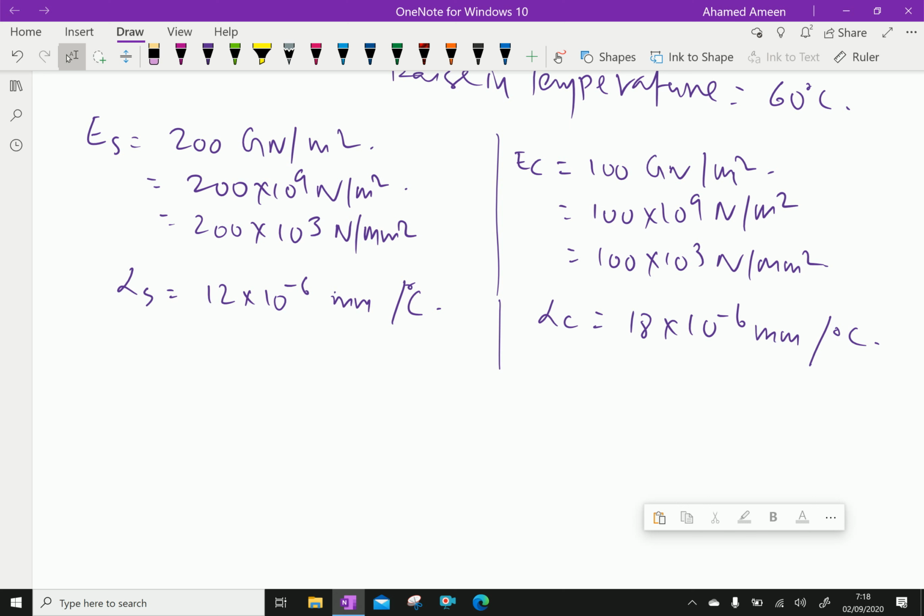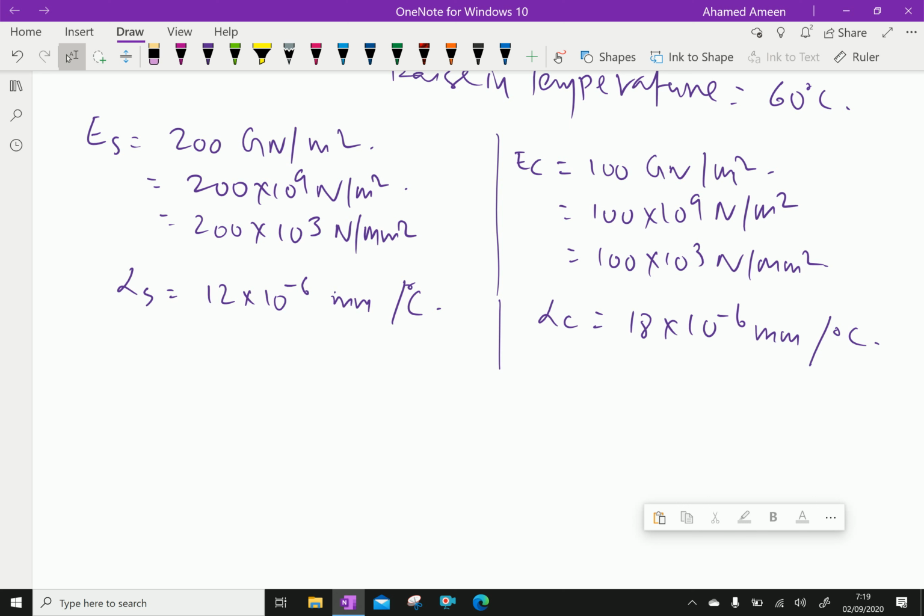The free expansion of the copper tube will be more than the common expansion, common meaning together expansion, whereas the free expansion of the steel rod will be less than the common expansion. Hence, the copper tube will be subjected to compressive stress and the steel rod will be subjected to tensile stress.